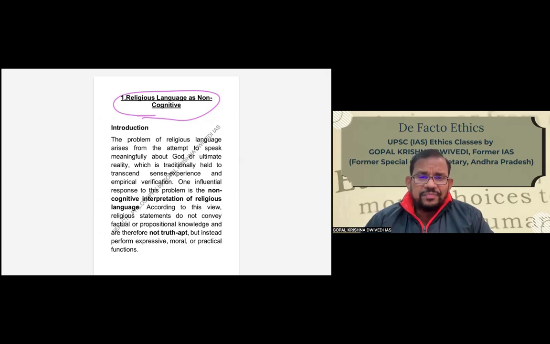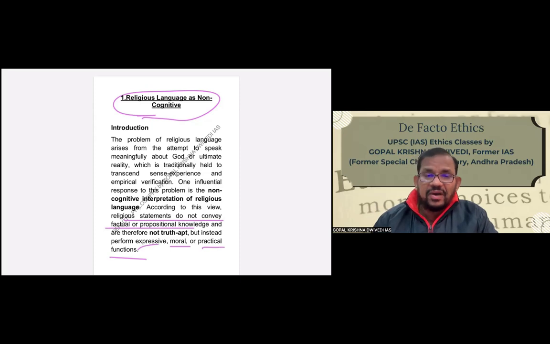So the non-cognitive interpretations of religion have come up. What this view says is that religious statements do not convey factual or propositional knowledge. This is the main thesis, and therefore they are non-truth-apt, but instead perform expressive, moral, or practical functions. This is an introduction.